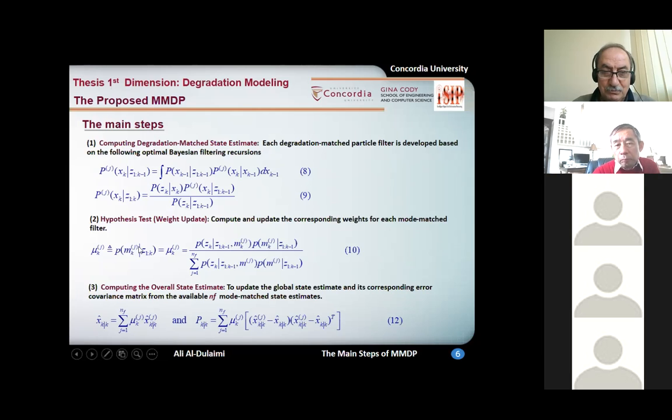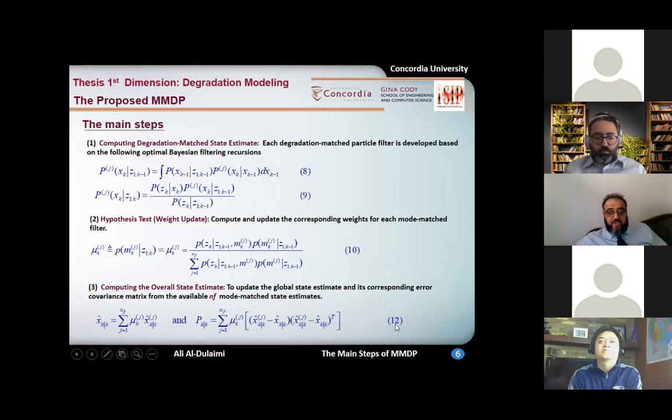Basically, the main target of this step is finding the conditional probability density function, corresponding to a specific mode, a degradation path, given all the observations up to the current time. After updating the weights, we can update the global state estimate and its corresponding covariance matrix from the available mode-matched state estimates that we already got from each particle filter, based on equation 12.